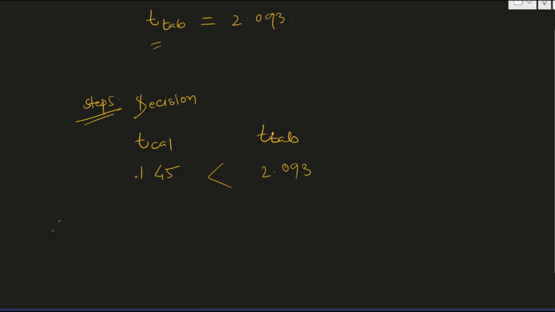When the t tabulated value is greater than the calculated value, it does not provide us a significant difference. In that case, we accept the null hypothesis and we reject the alternative hypothesis.